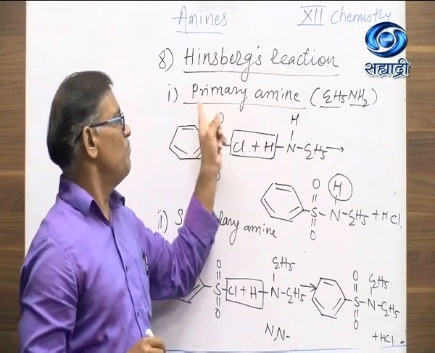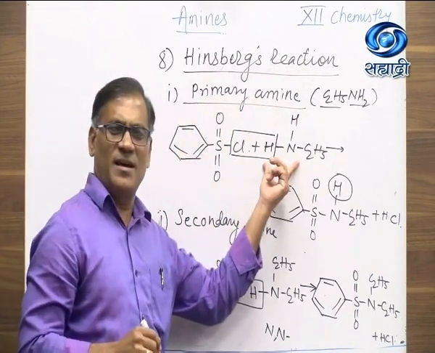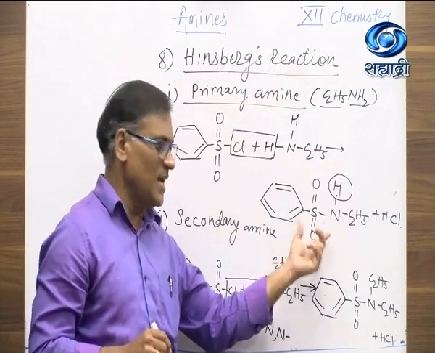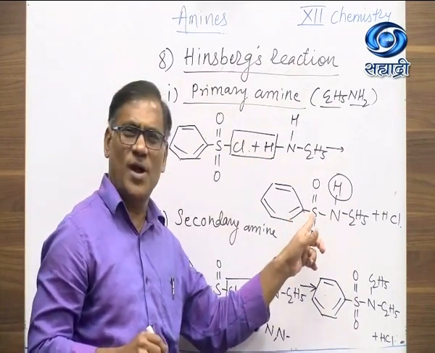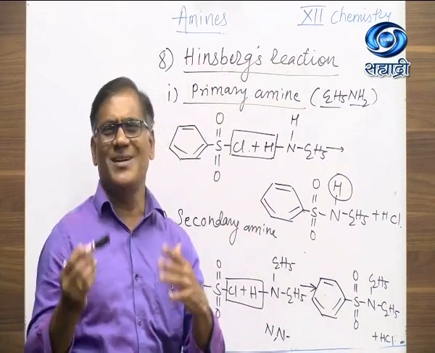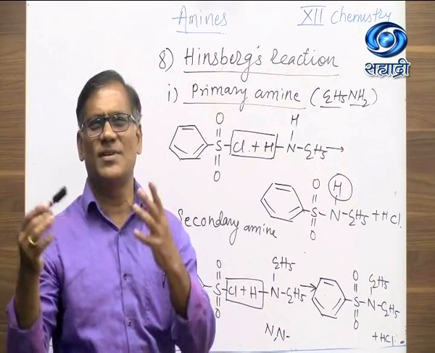Again I repeat, primary amine reacts with Hinsberg reagent to form the compound N-ethyl benzene sulfonamide, having one hydrogen atom, due to which it is acidic in nature and dissolves in alkali.